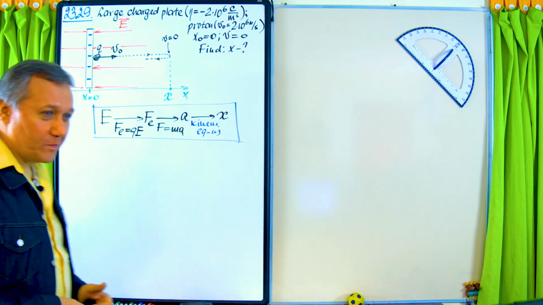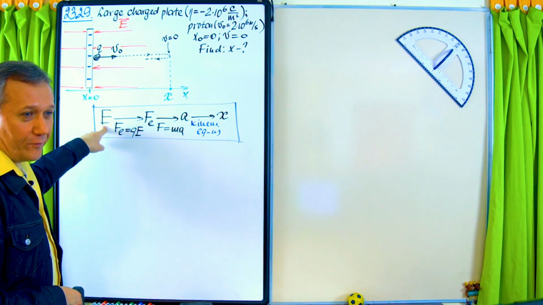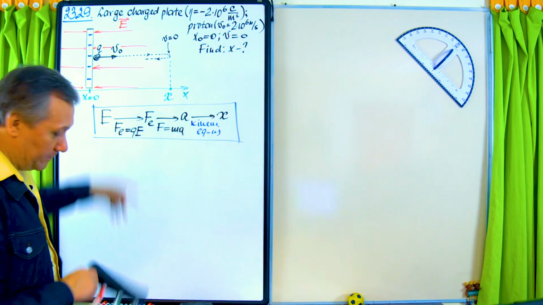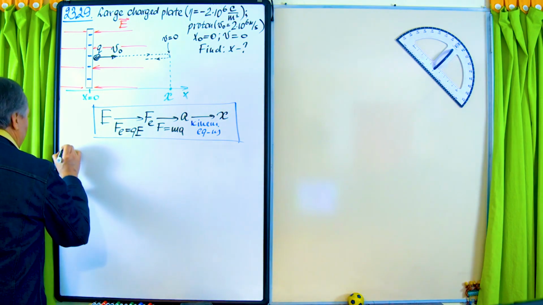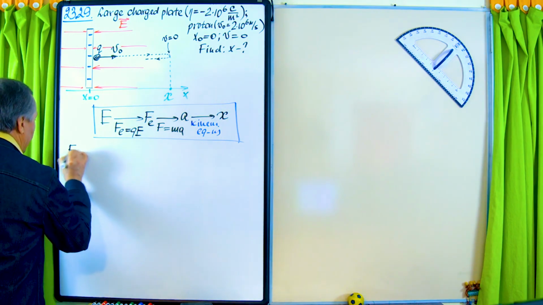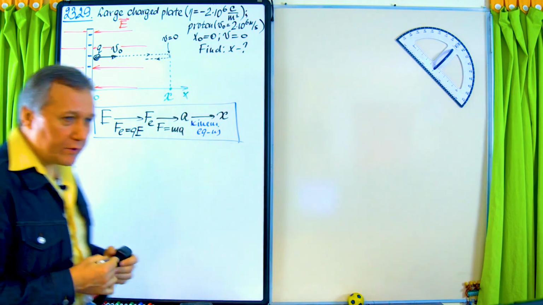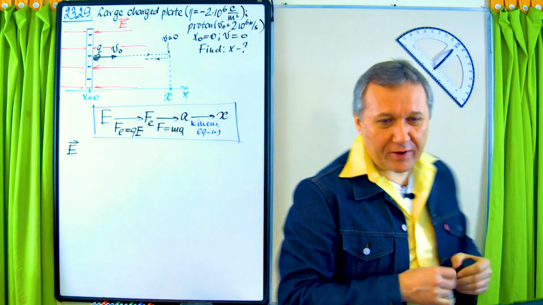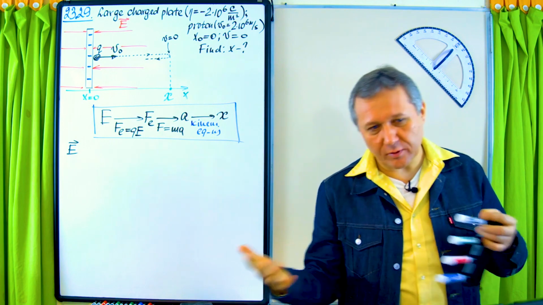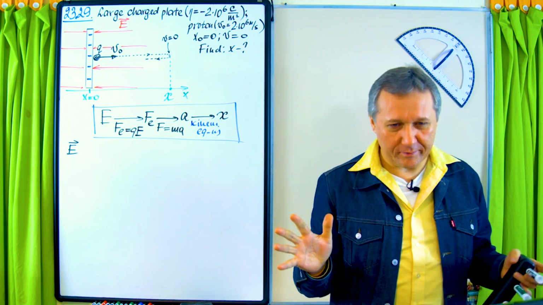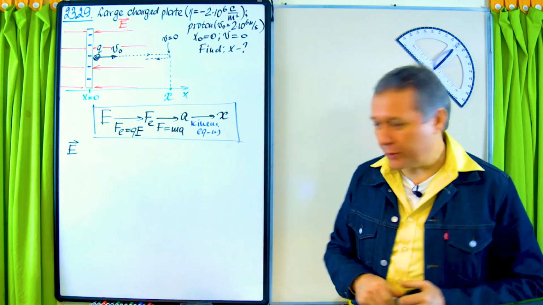Right? So now let's start with the electric field. I'm going to use the vector form. Of course, this vector is one-dimensional, so it's not that complicated, but you will see in a second why I want to use the vector form.